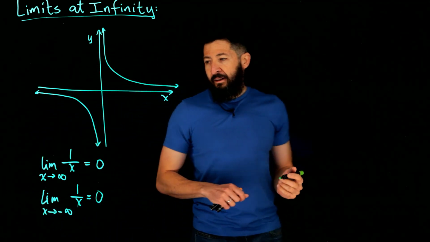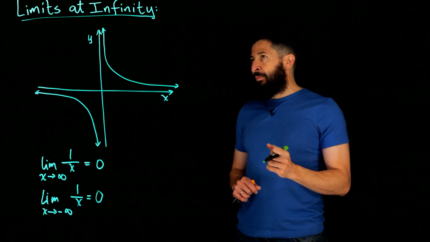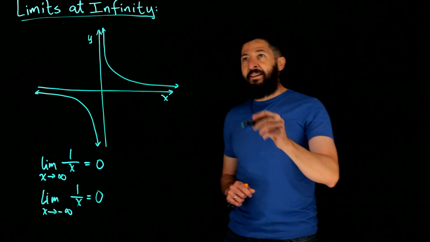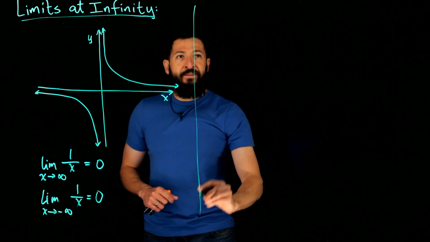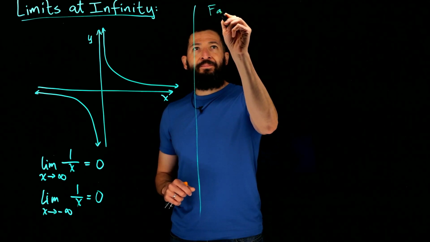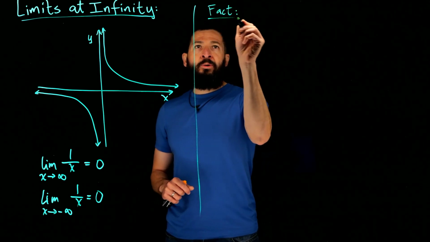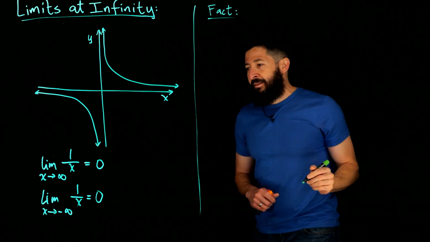So that is true. In fact, a little bit more is true, and we're going to use this fact to compute limits at infinity. So, fact. This, of course, we have to prove, but we don't prove it. We just take it as a fact.